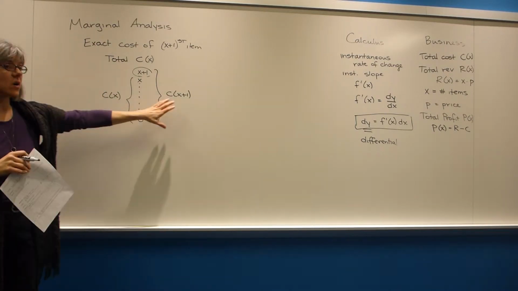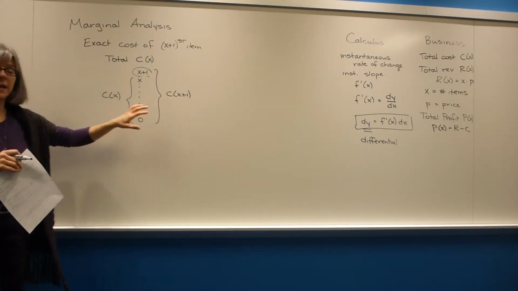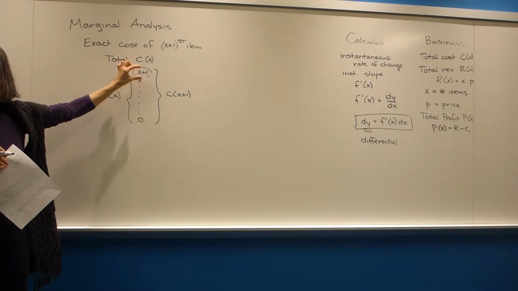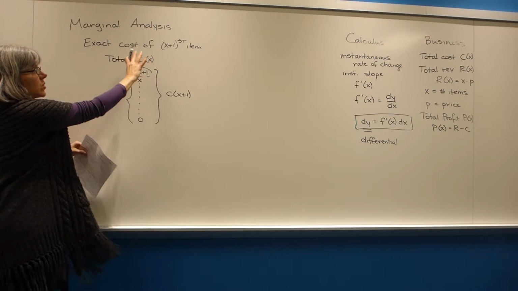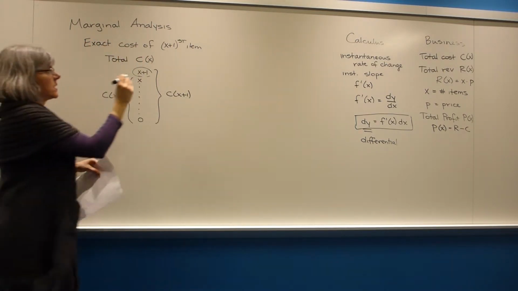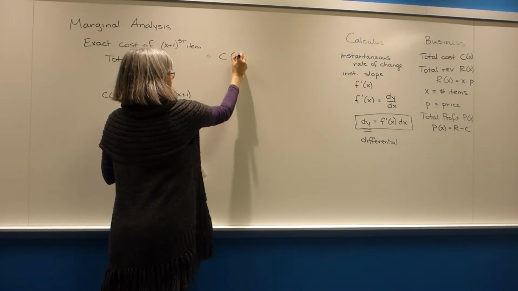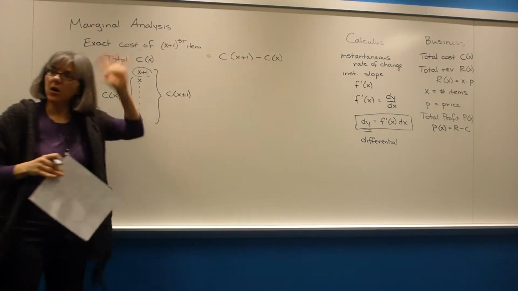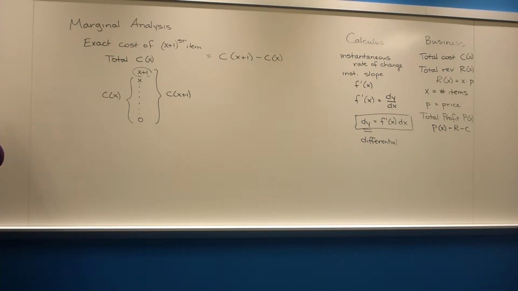So if I know the total cost of X plus 1 items, and I know the total cost of X items, if I subtract them, I'm just left with that one at the top. So the exact cost of making that one more item is just going to be a difference. Cost of making all the items, minus the cost of making all but the last item, that would be the cost of that last item.